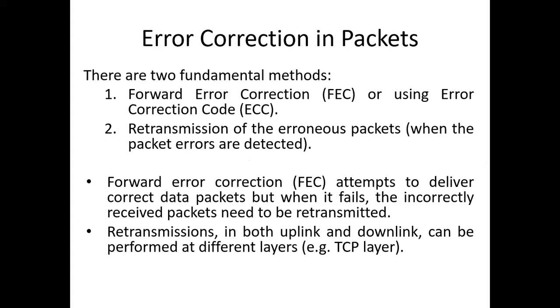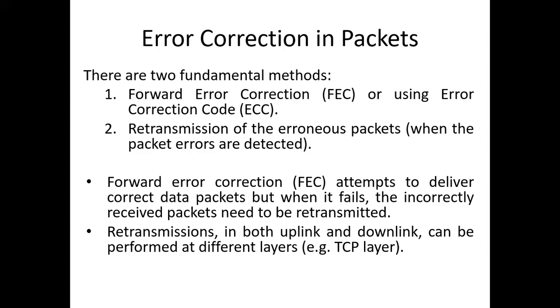I'll give you a very simplistic example of a coding technique just to make you feel comfortable that yes, it is possible. It is called forward error correction because you're sending one way from the transmitter to the receiver, and you don't need any feedback from there. It just tries to correct whatever bits have been in error on the way. This is called forward error correction scheme, or FEC, or error correction code, ECC.